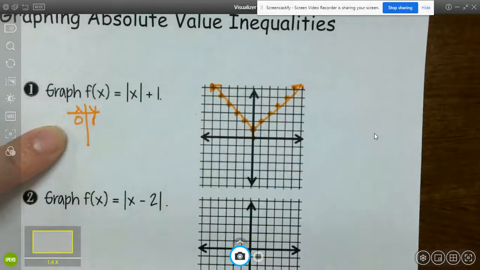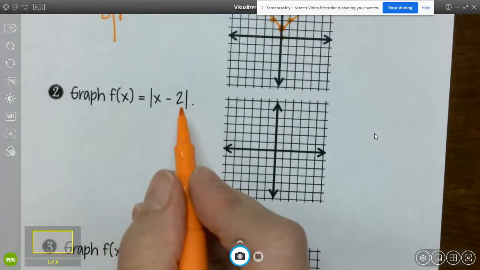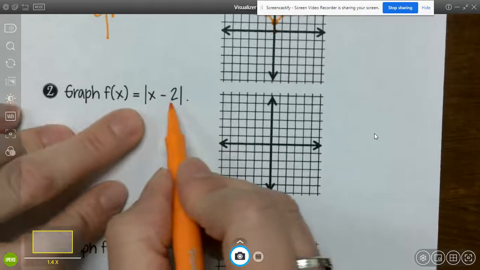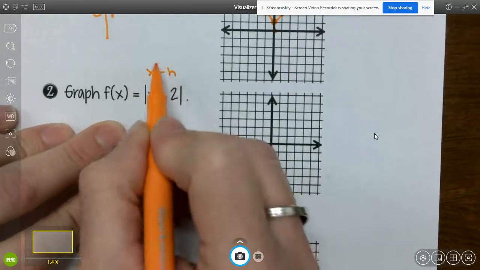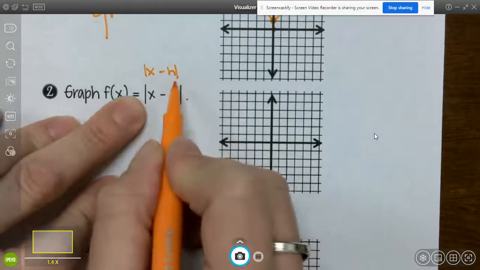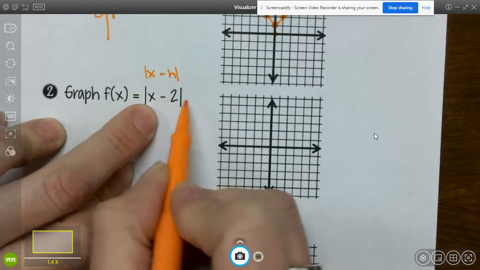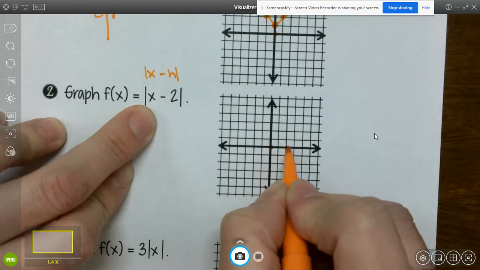Now, if they do a -2 in here, on the inside, if you'll remember, it was x minus h when we looked at the vertex form. If this was a minus, then that meant it moved to the right 2 units. So instead of my vertex at 0, 0, it's going to move to the right 2.